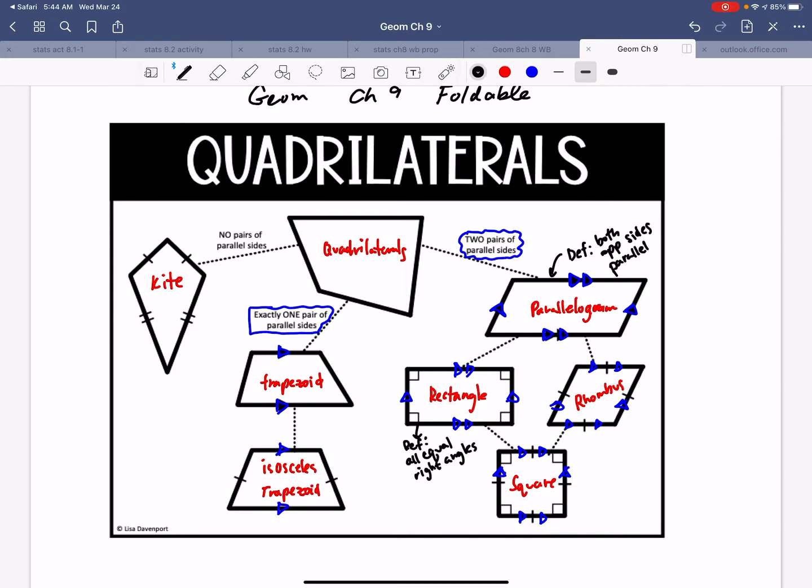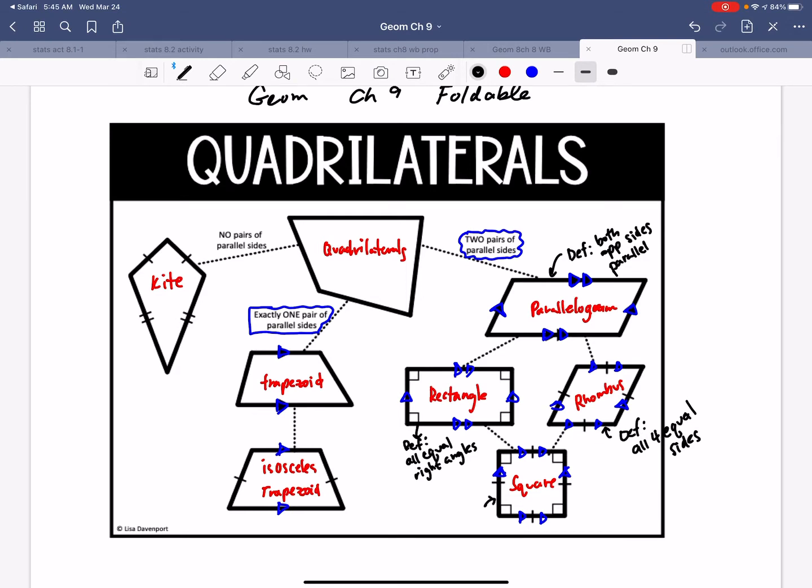So a rhombus, we notice, is by definition all four equal sides, right? And our square is the combination of both of those attributes, right?